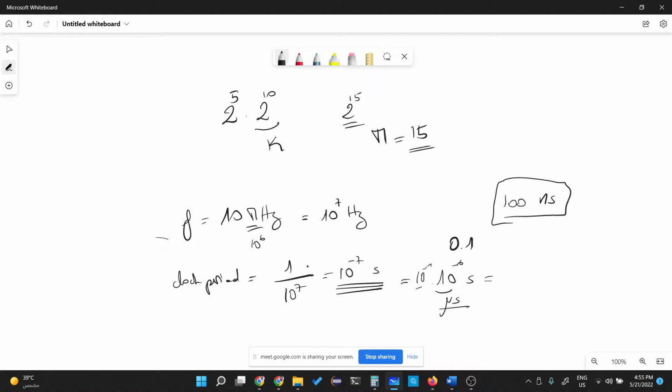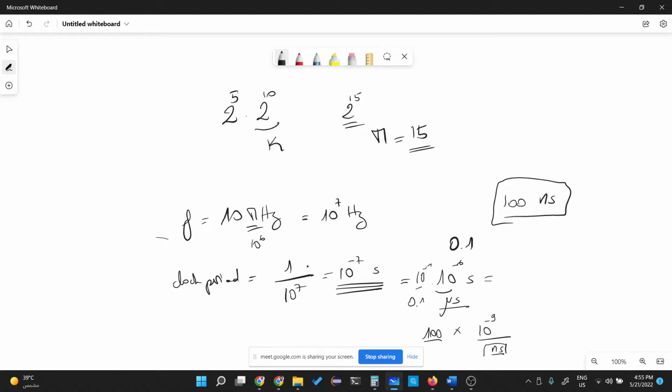Oh, okay, sorry. So this is 0.1 microsecond. It's also 100 multiplied by 10 to the power of minus 9, which is nanoseconds. So it's 100 nanoseconds to issue one instruction.